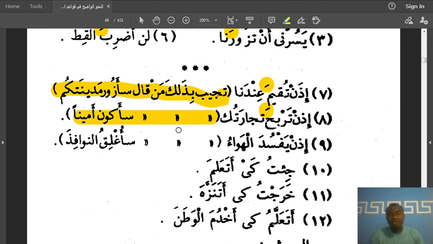Idhan tarbaha tijaratuka. And again, number 9, idhan yafsud al-hawa. Like this, yafsud al-hawa. That is, you use that to respond to the one who says, I will close the windows. النوافذ is the plural of نافذة, a window.